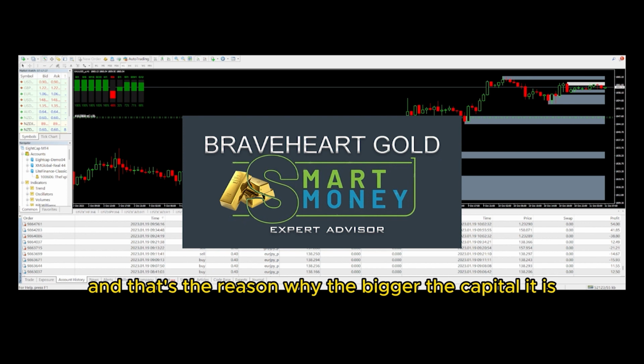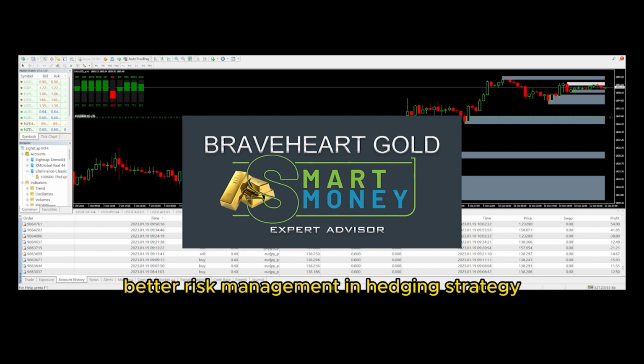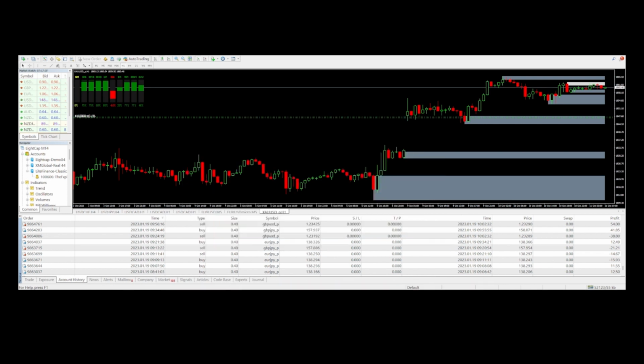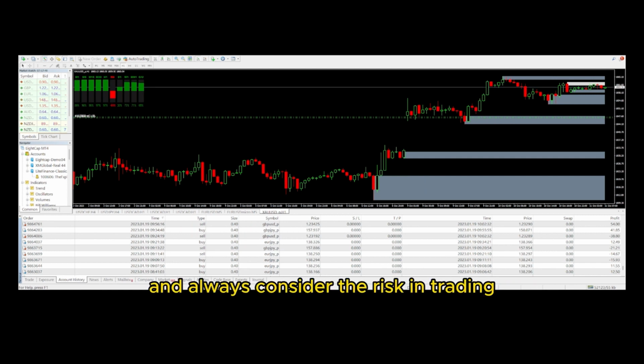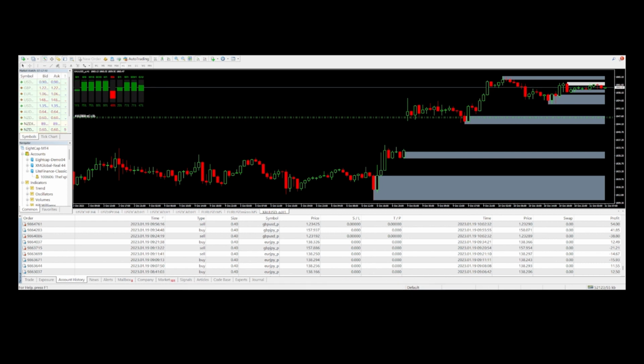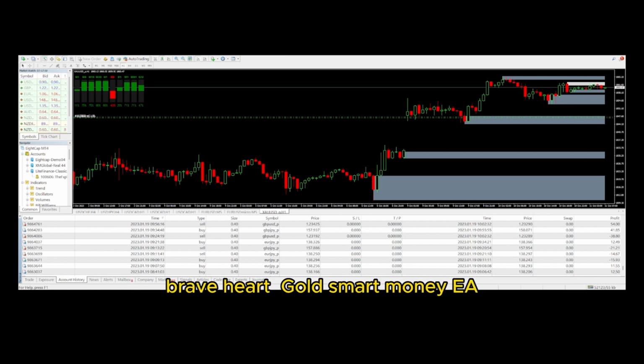That's the reason why the bigger the capital, the better the risk management in a hedging strategy. But please take note, do your own risk management, although we have our recommended settings, and always consider the risk in trading. So I hope, guys, you are clear now about the simple presentation of Braveheart Gold Smart Money EA.